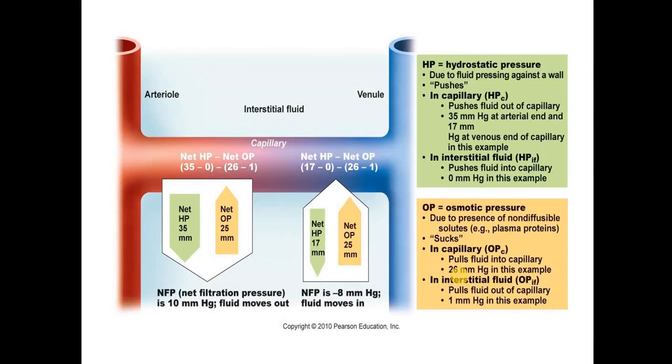So here is a picture from your book showing it. Here's your capillary bed. You have the arterial end, you have the venous end. Imagine that this is the capillary bed, because a capillary bed is microscopic, you cannot see it. So imagine that this is sitting inside of a big kidney.